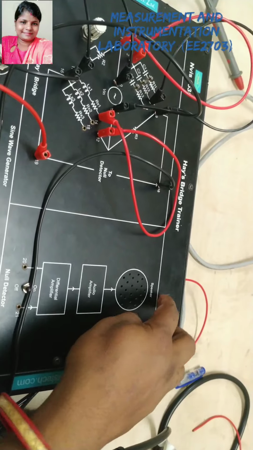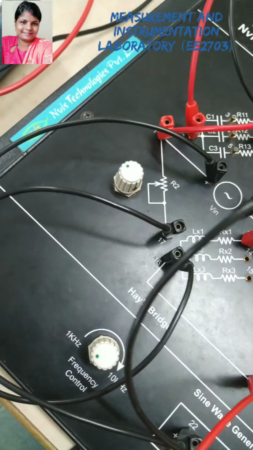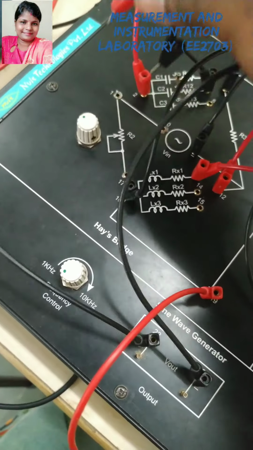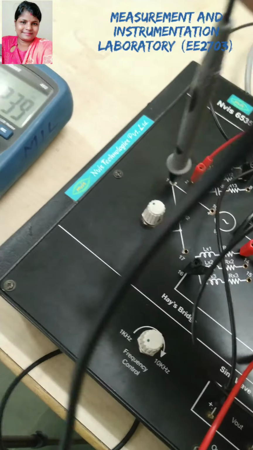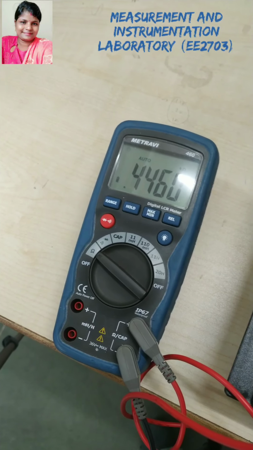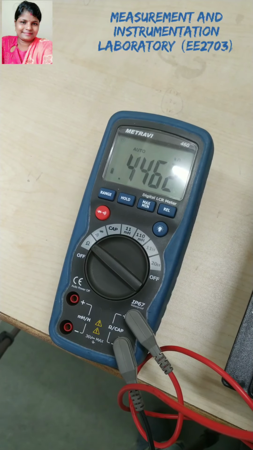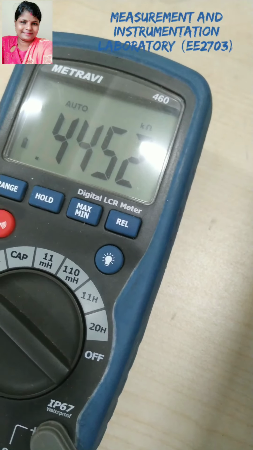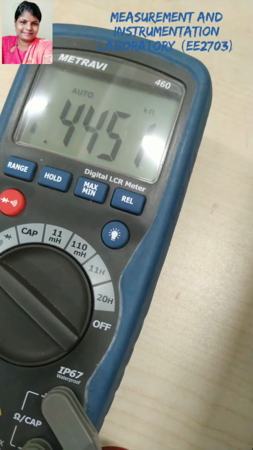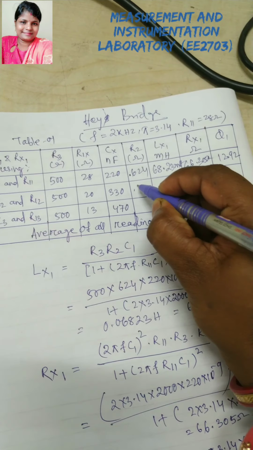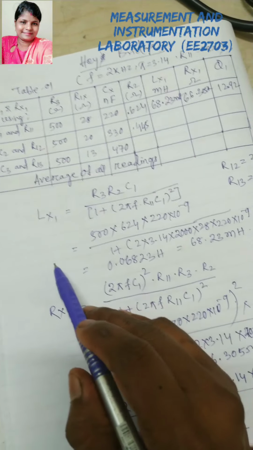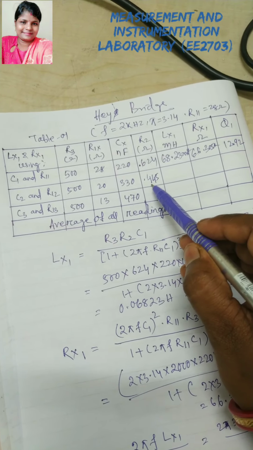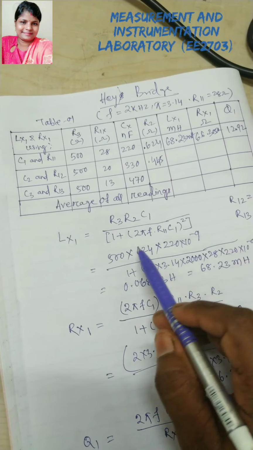Switch off the power supply, disconnect the wire of R2, and take the value of R2 by using the multimeter. The value is 445 ohm, that is 0.445 kilo ohm. Likewise, use the formula for LX1 and put R2 as 445 ohm.